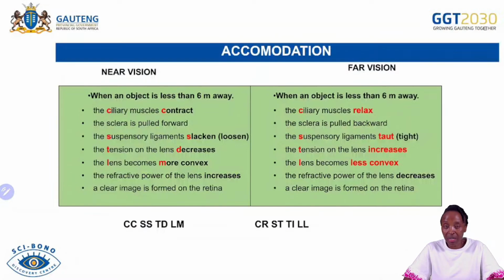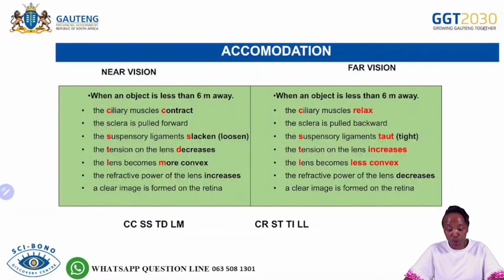It will not always be as straightforward as when they say describe accommodation when looking at an object that is closer to you. That is simple and straightforward, a level 1 type of question, but sometimes this question can come in higher order, where you need to figure out whether the object is close or far before you can give the account of events.